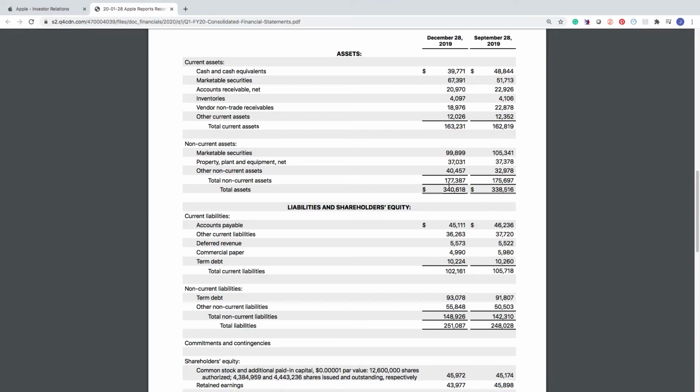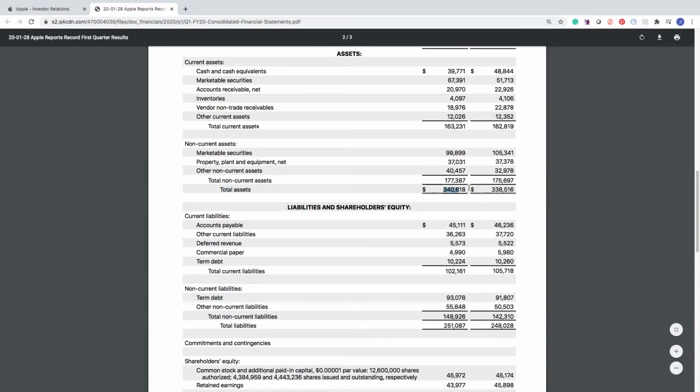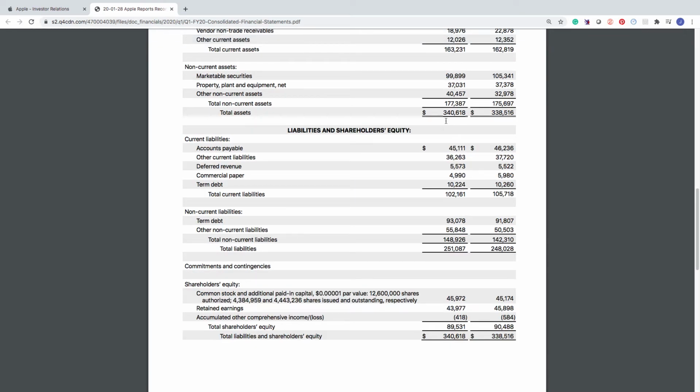If you remember the equation that we covered at the beginning of this section, the total assets minus the total liabilities tells you what a company is worth. So if we subtract 251 from 340, we basically will find out what Apple is worth, or what is the net worth of Apple.